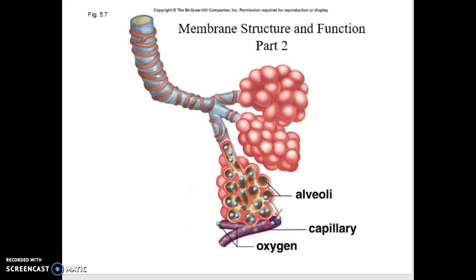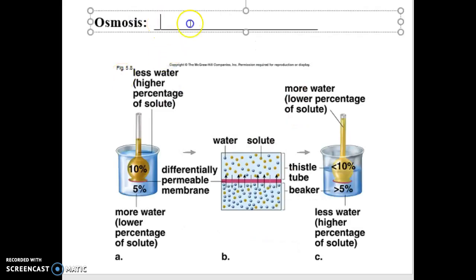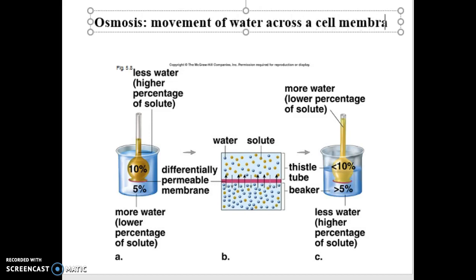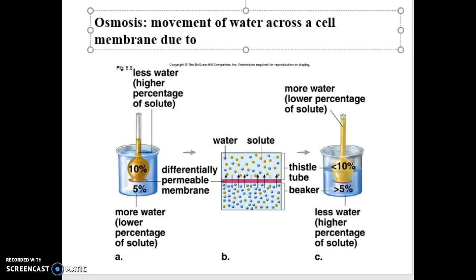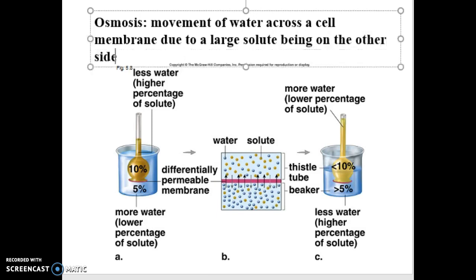Now, when we have a membrane, an event known as osmosis can occur. Osmosis does not occur without a membrane. Okay, so osmosis.